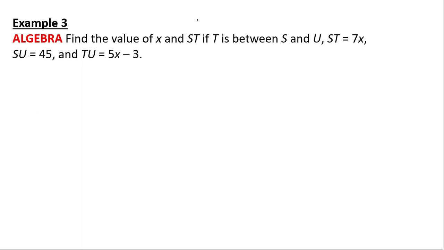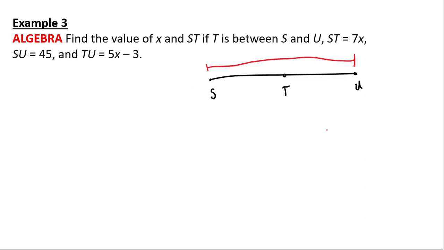So I have T is between S and U. Okay, the whole segment. I like to denote that whole segment, SU is 45, by doing like these little lines so I know, hey, that's the whole thing. ST is 7x, TU is 5x minus 3.